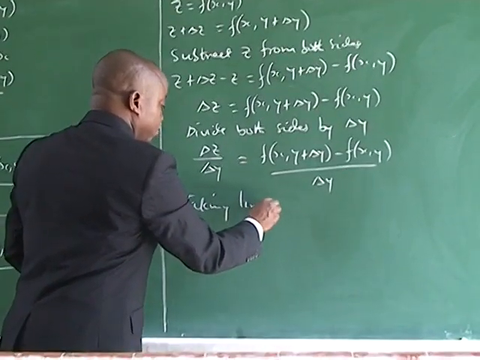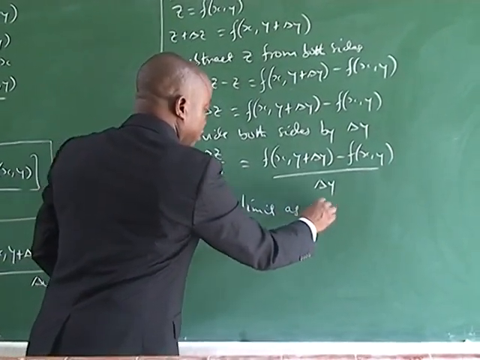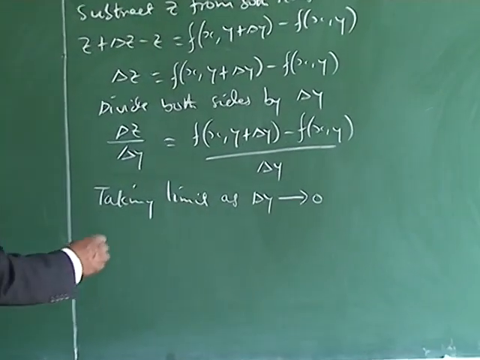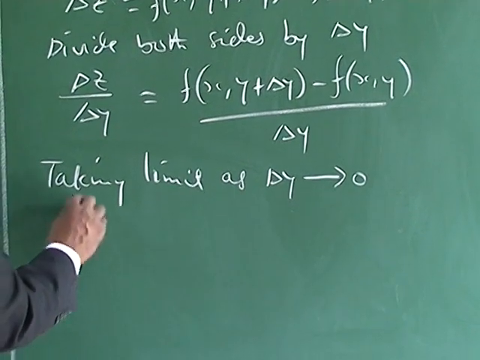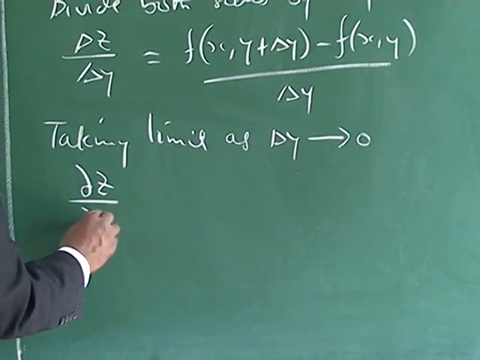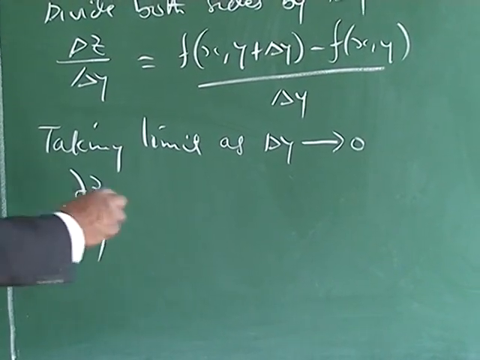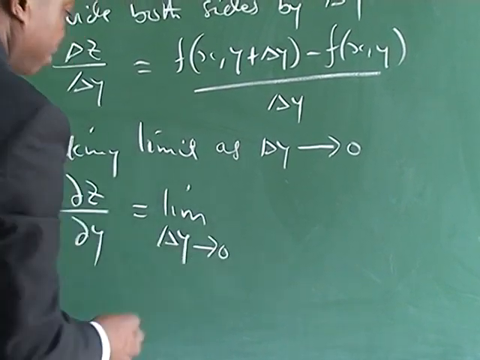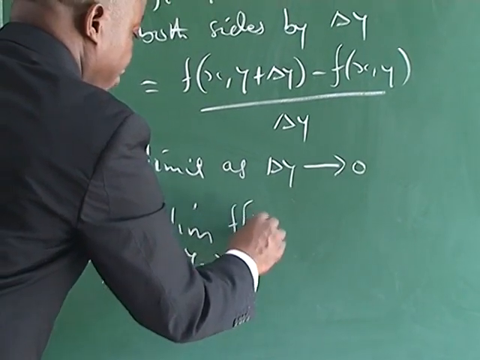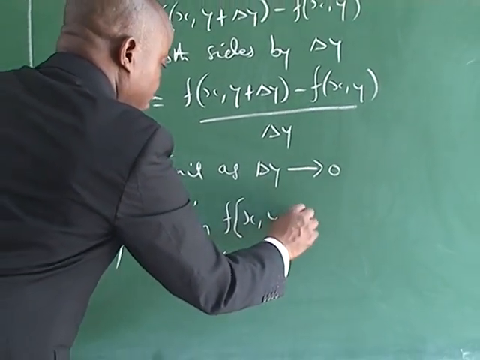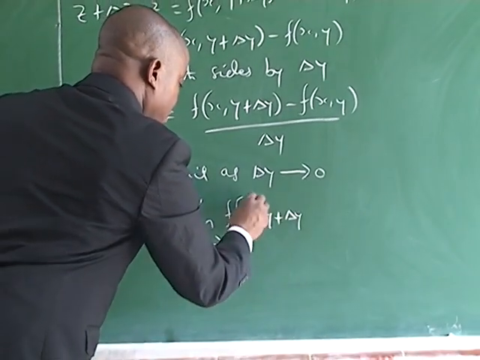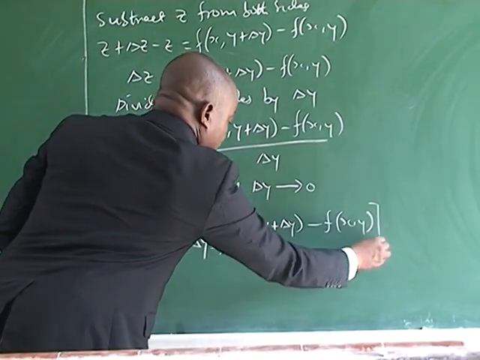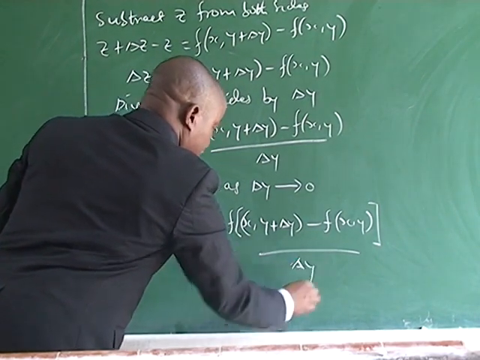Taking limits as change in y approaches 0, we then have that partial z partial y will be equal to the limit as change in y approaches 0 of f of x, y plus change in y minus f of x, y all over change in y.